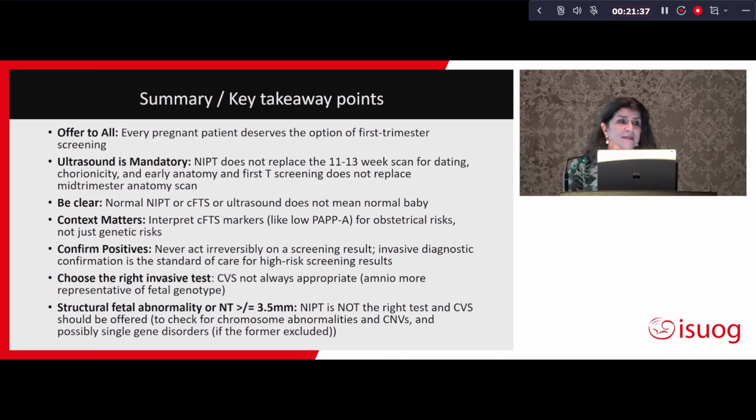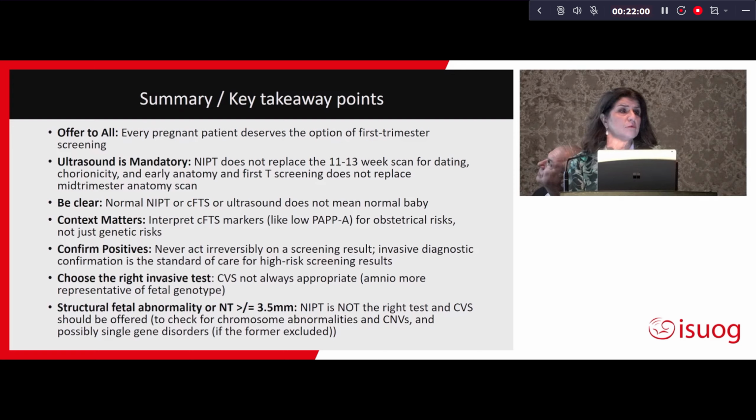You need to be clear about what these tests are, and that normal NIPT or combined first trimester screening does not guarantee a normal baby. You have to also remember that combined first trimester screening needs to be interpreted in the context of the whole pregnancy and the risk. It's not just about the fetus, it's also about the placenta.